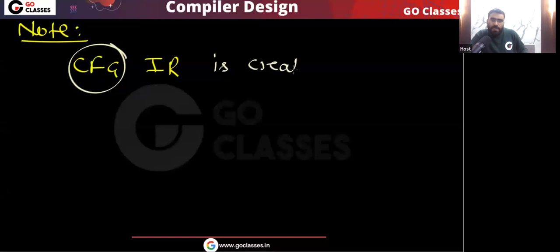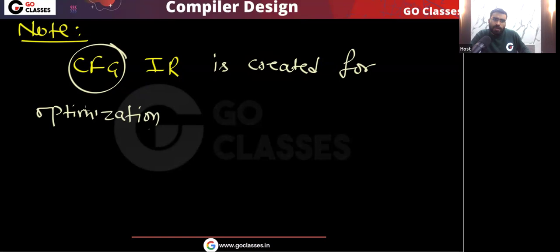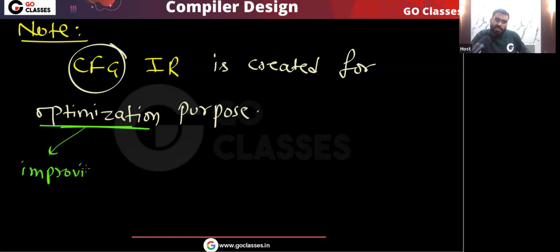We want to optimize the program. Optimization already means what? You already know. Optimization means improving the program, basically improving time complexity, making it efficient, making it smaller.